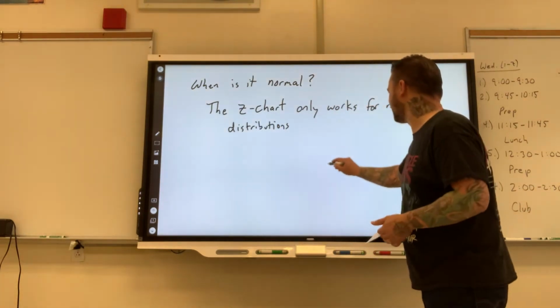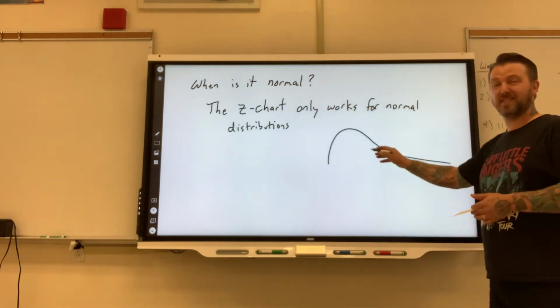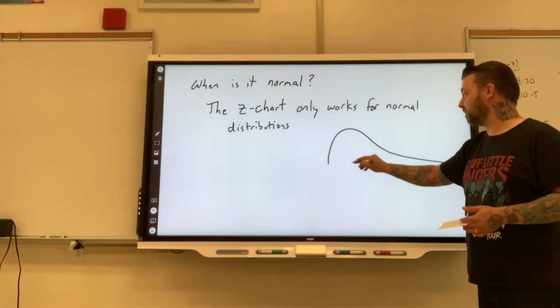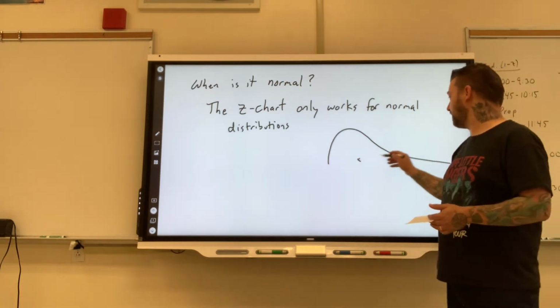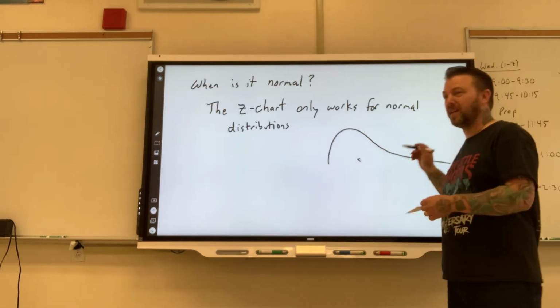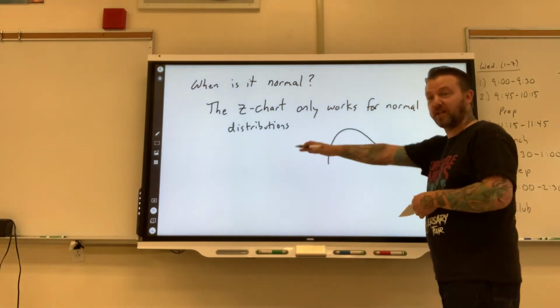If I have something like this, first off, the mean isn't in the middle. The mean is going to be at the balance point, somewhere over here, right? On a normal curve, it only goes a little over 3 standard deviations both sides.